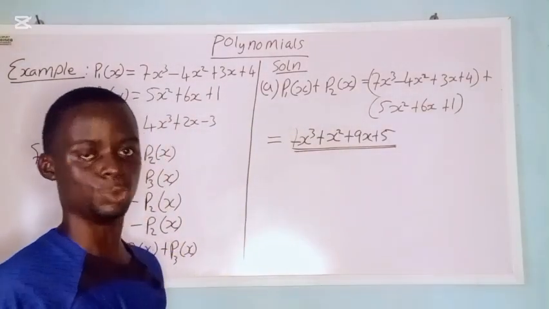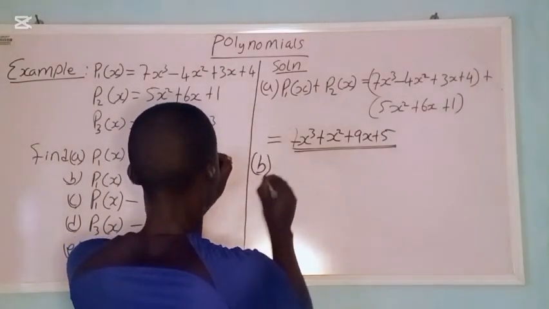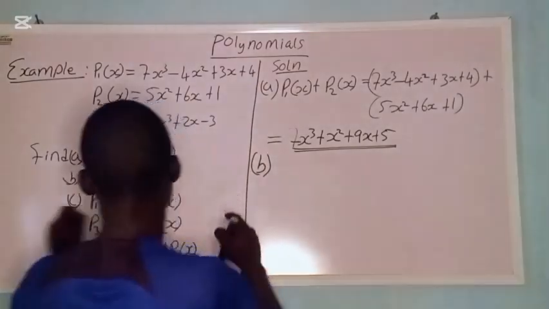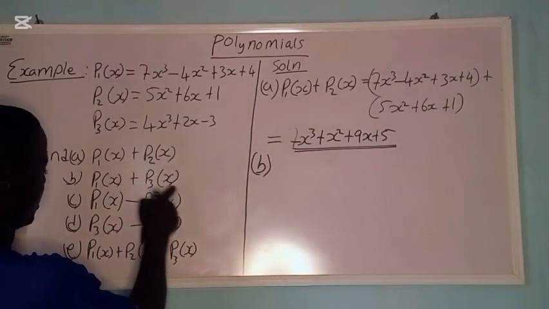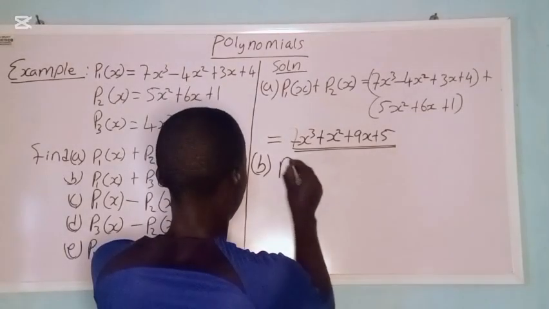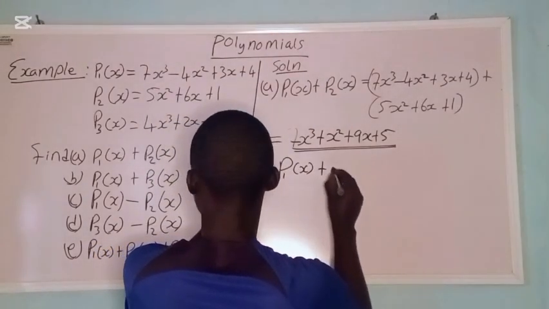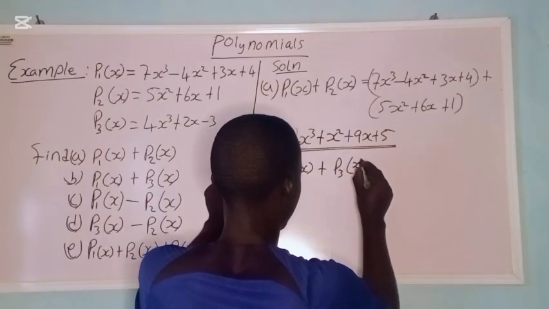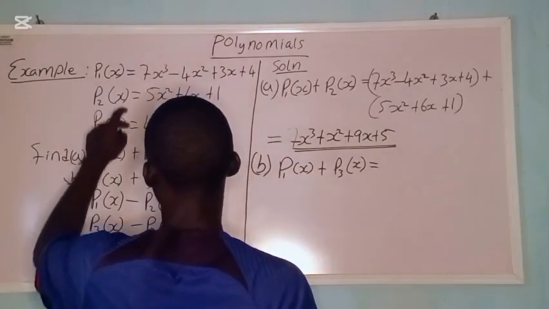So let's go to B. B says P1(x) plus P3(x). So we're going to have P1(x) plus P3(x). So now we are dealing with this one and this one.